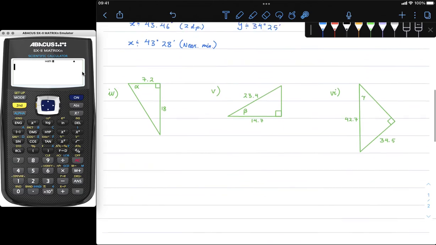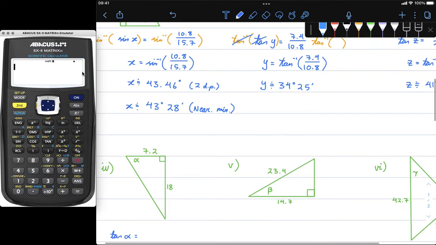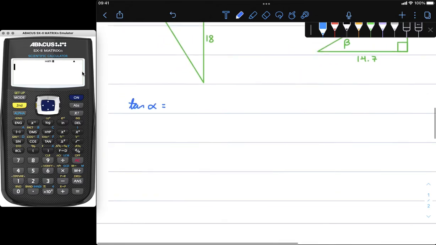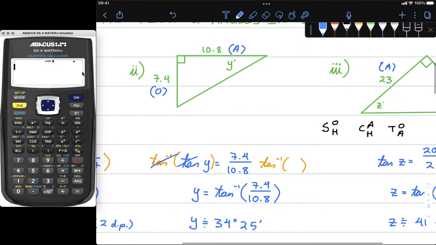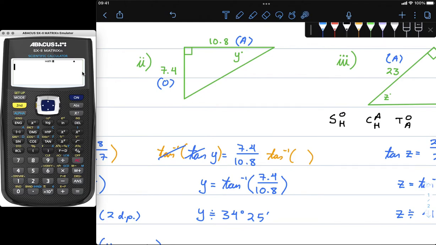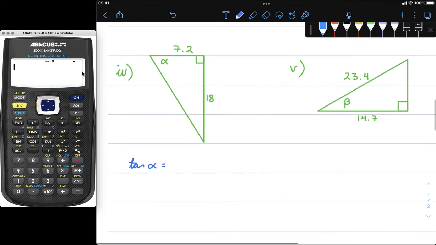That's opposite adjacent. So tan alpha is equal to 18 over 7.2.